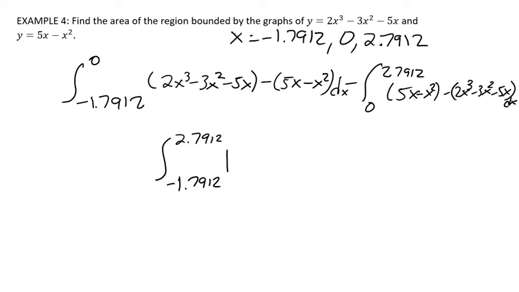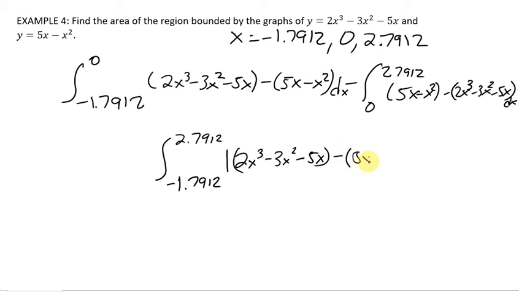If I'm going to do absolute value, it doesn't matter which one goes first. So I'm just going to leave it as 2x cubed minus 3x squared minus 5x in parentheses, minus 5x minus x squared, and the absolute value to finish that off, dx. And that is the more compact way to do it.